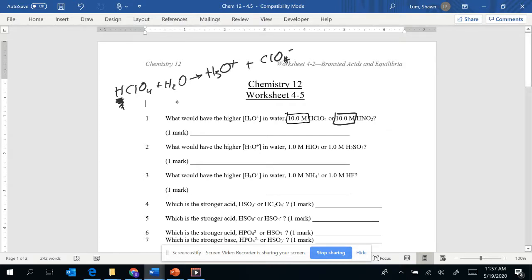Not all of the H's will break off of the HClO4. Only some of them will, and it'll form an equilibrium. So which one will have the highest concentration of this?